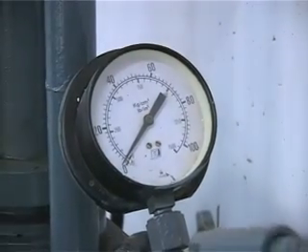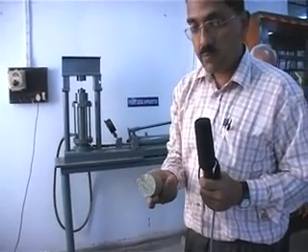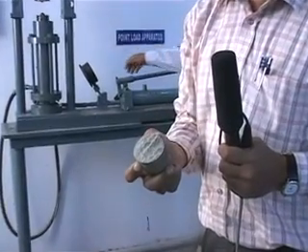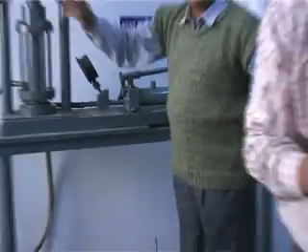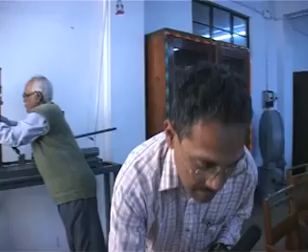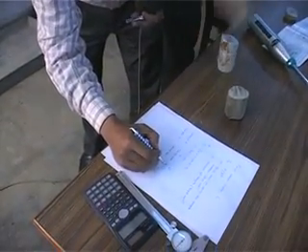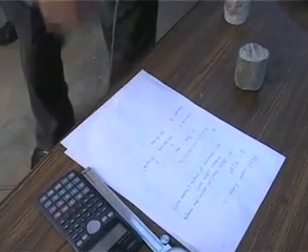This is the face where the sample broke, and we are going to record the point load, actually the pressure, which is 14.7 kg per square centimeter, at which the sample failed. So I am recording it here. I'm going to use it in the calculation, and I'm going to show the calculation later on.